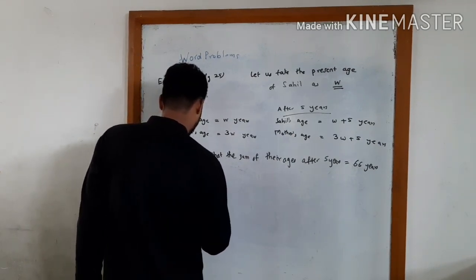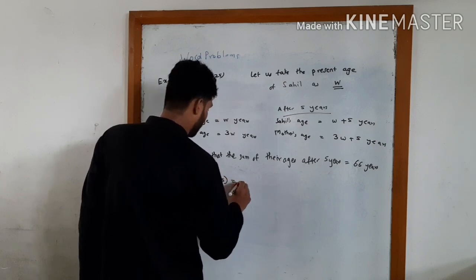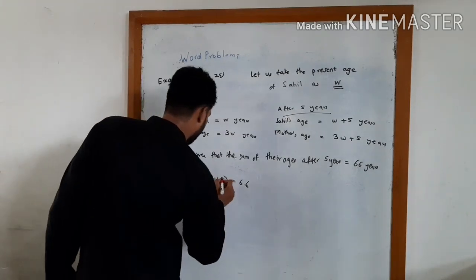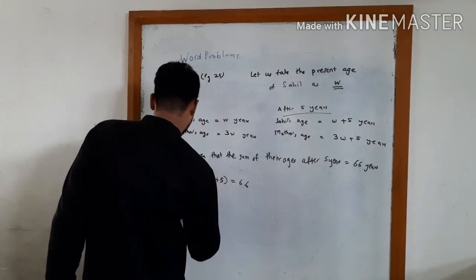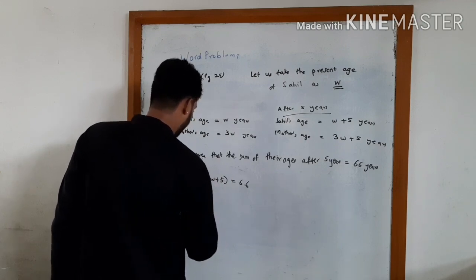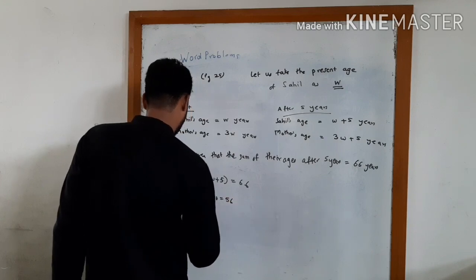W plus 5 plus 3W plus 5 is equal to 66. Simple. Now you know how to solve it. Therefore, 4W is equal to 66 minus 5 plus 5 is 10, which is 56. Therefore, W is 56 upon 4, which is 14.